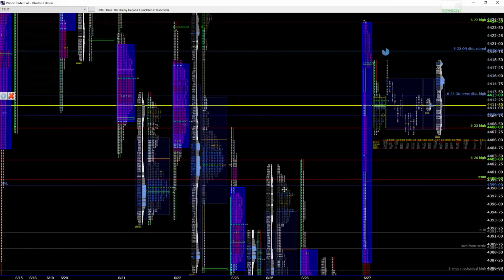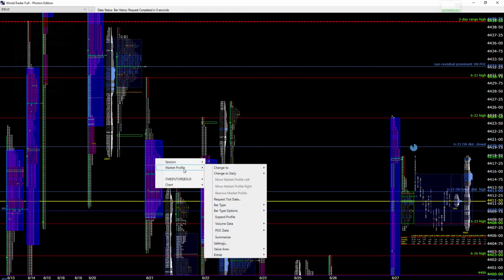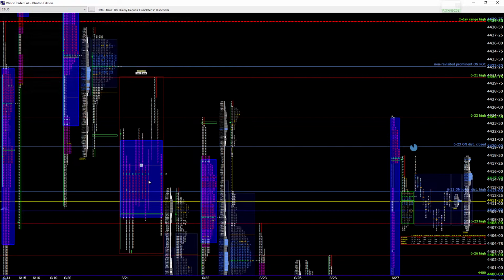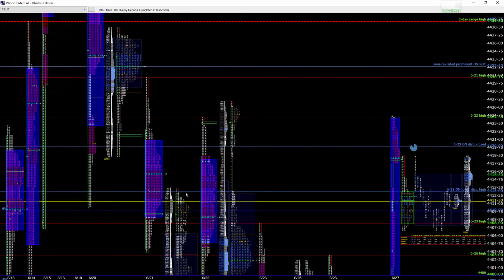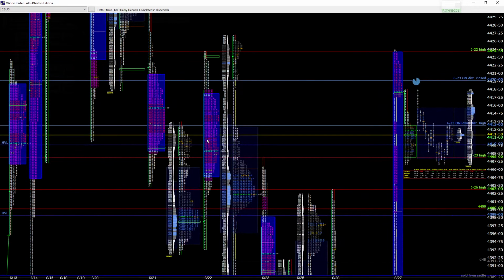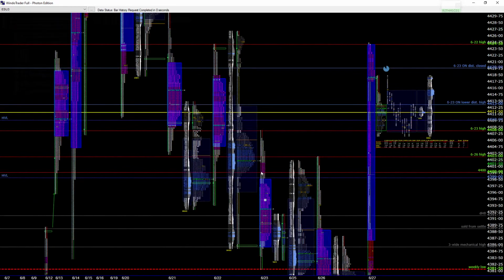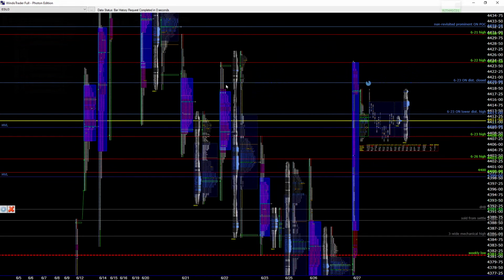Something like that happened here as well in this day. There was a mini 45 here, half of the day, and something similar happened this day. Long liquidating, short covering, and most of the liquidation happening in the overnight, which puts the short inventory in the hands of the weaker strategy traders.